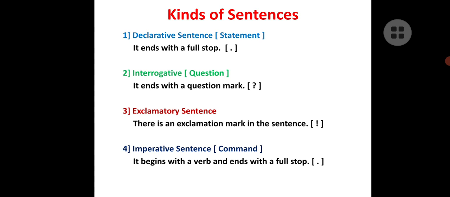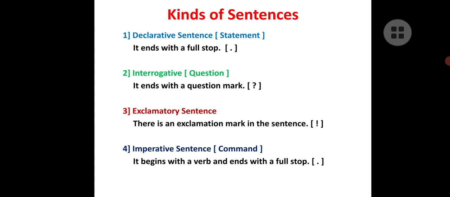So it comes in the beginning. Or pronouns like I, we, you, they, he, she, it, this, that, these, those can be the subject. So remember that declarative sentence means it always begins with a subject and ends with a full stop.